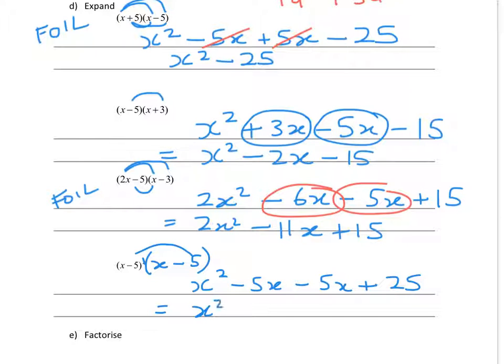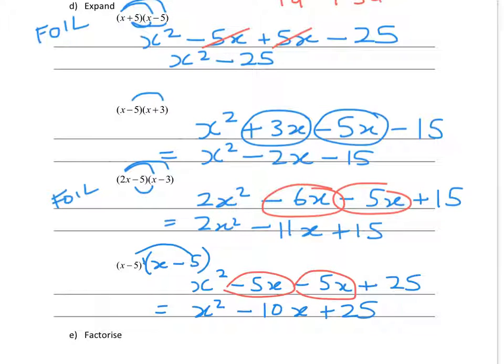Simplifying, putting those like terms together, negative 5x and another negative 5x is going to be negative 10x plus 25.